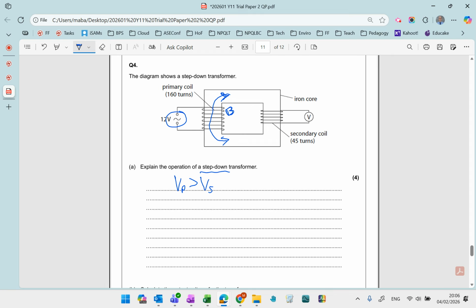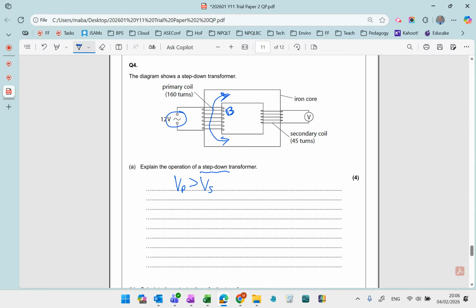Now notice the language that I used there. I didn't use the word induced. Induced is a very special word that means a changing magnetic field producing a voltage in a coil. But this is the opposite. This is a coil producing a magnetic field in a core.